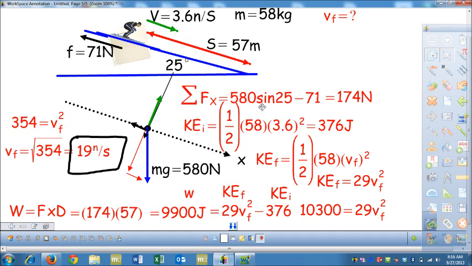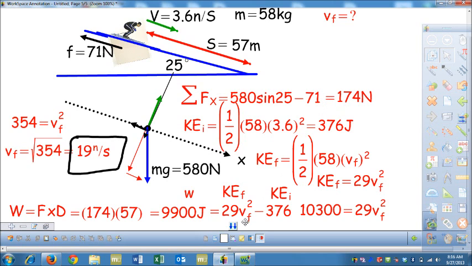I don't know if I ever came up with it. But whatever it is, that must be bigger than 71, because when you subtract them, you get a positive 174. So that means that this is 103. Is that right? No, like 245, I think, because you subtract 71 from it and you get 174.